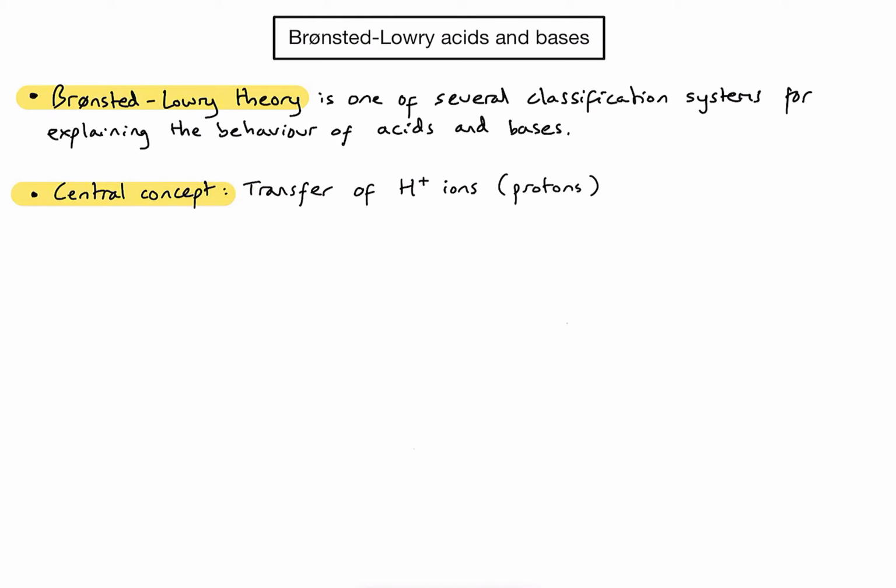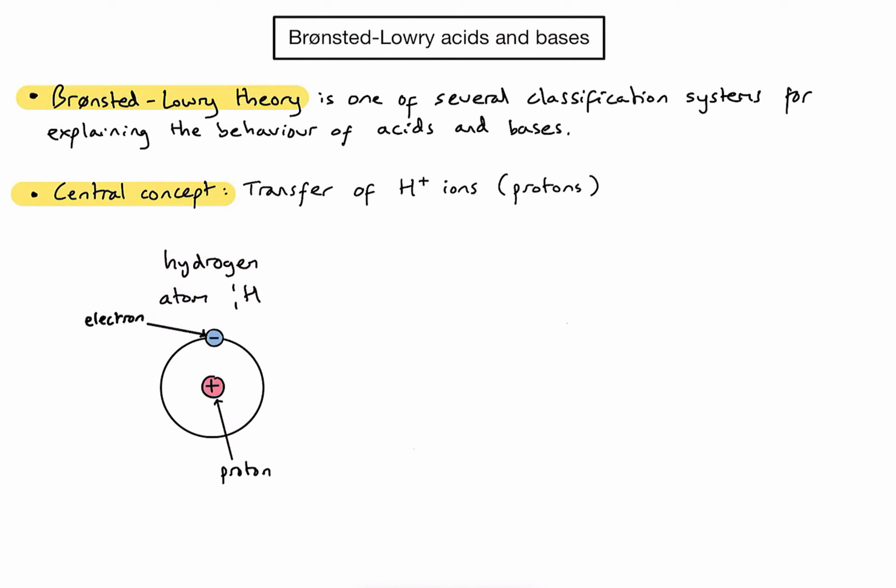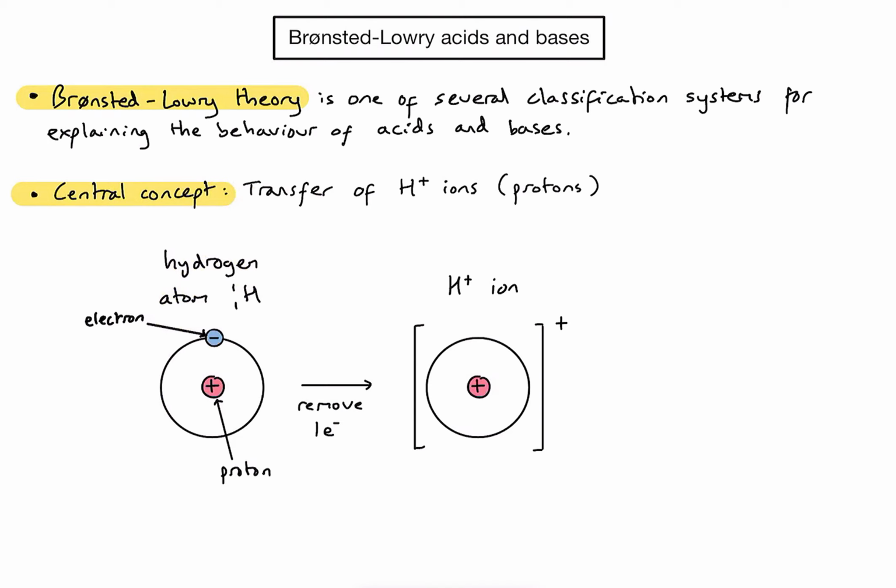Well, if I take a hydrogen atom, and specifically we'll take the most common isotope of hydrogen, which is hydrogen-1, let's draw a little diagram of that. Here we find that it's got one proton and one electron. So in order to turn that into an H+ ion, I need to remove one electron, and when I do that, I am left with simply a proton.